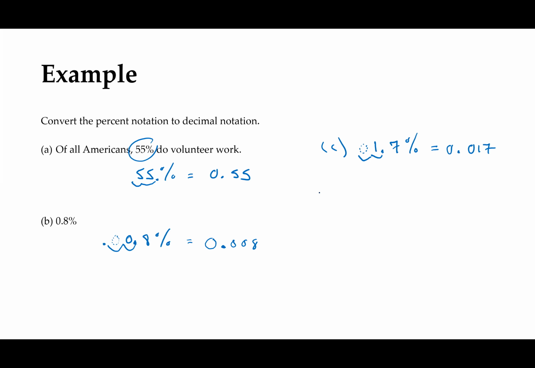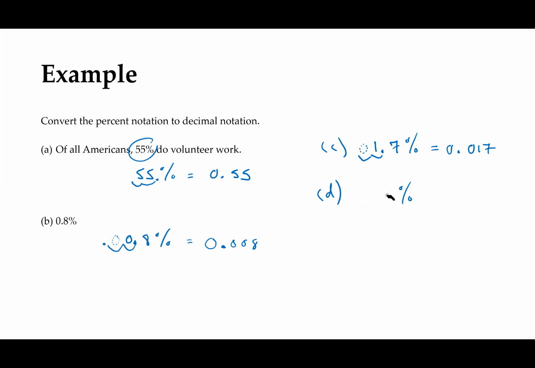Oh, sure, let's do one more. Why not? Why do 3 when you can do 4? I guess that's bad logic. We just keep going indefinitely with that. All right. How about 1.25%? Well, actually, you know what? I'm going to change this.